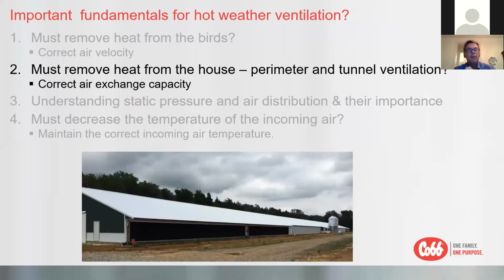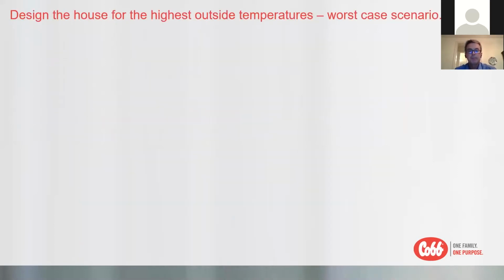So first of all, I've spoken about removing metabolic heat from the bird, keeping the bird close to its thermoneutral zone, and we have to have air exchange to remove that metabolic heat. The next important part is when we design a house, we look at the structure. We look at how we manage the actual heat entering the house through the surfaces.